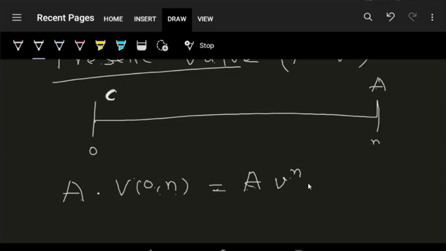Since we are using compound interest rate, the discounting factor for 1 year is, as I told you earlier, 1 upon 1 plus i. Since we are discounting for n years, this would be v to the power n, or you can simplify it as A into 1 upon 1 plus i to the power n.